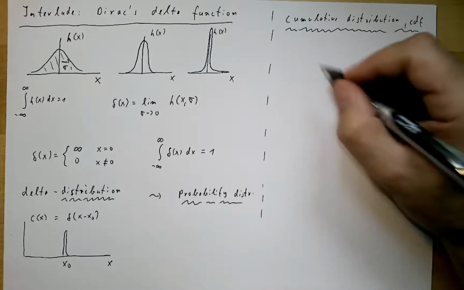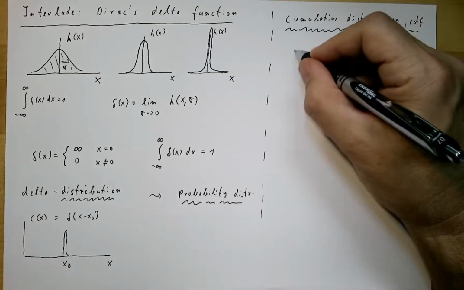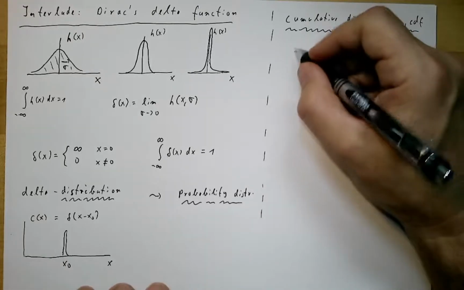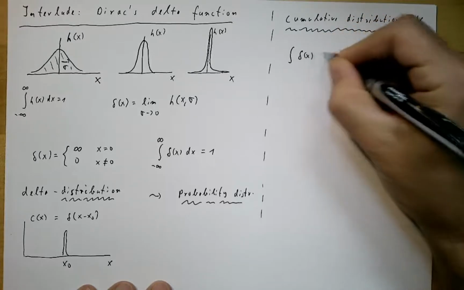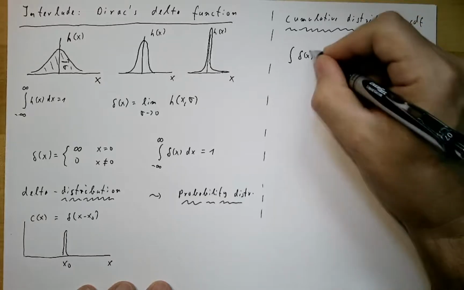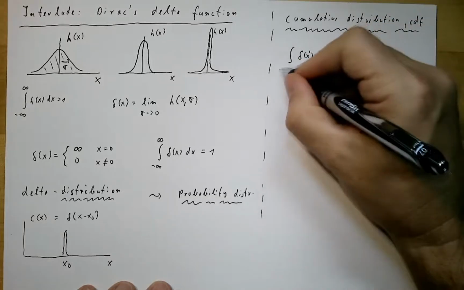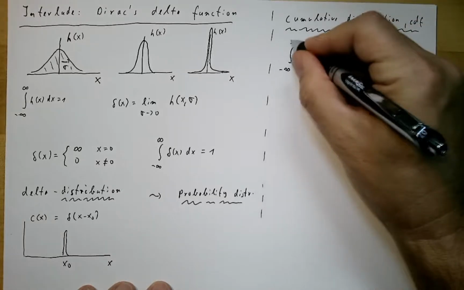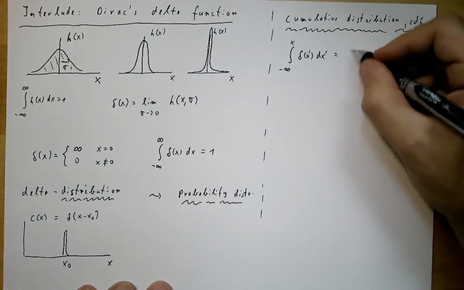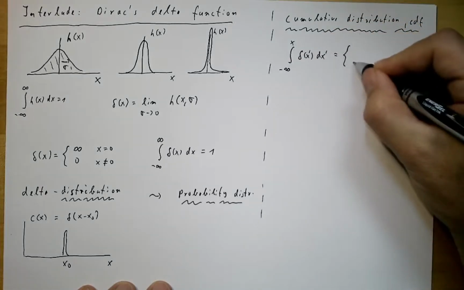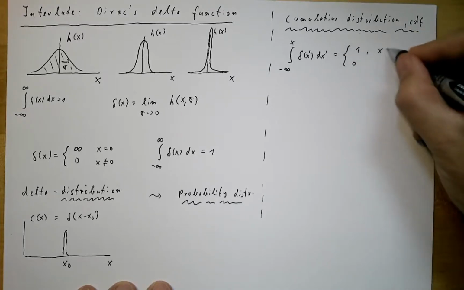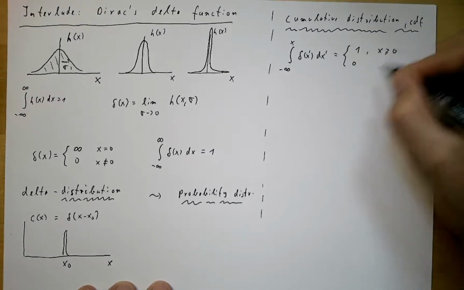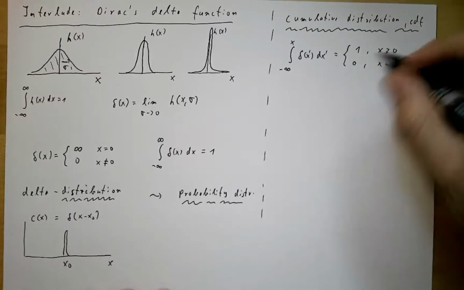If we now integrate delta of x dx from minus infinity to position x, then you see this is either 0 or 1: it is 1 if the value x is larger than 0, and 0 if x is smaller than 0.